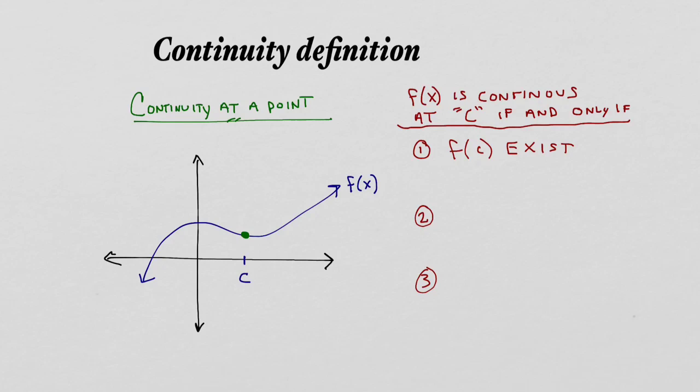What this means in normal people language is that there is a closed dot at the x value c. So we have an output value somewhere. That is the very first condition. If that isn't in place, then it's not continuous.